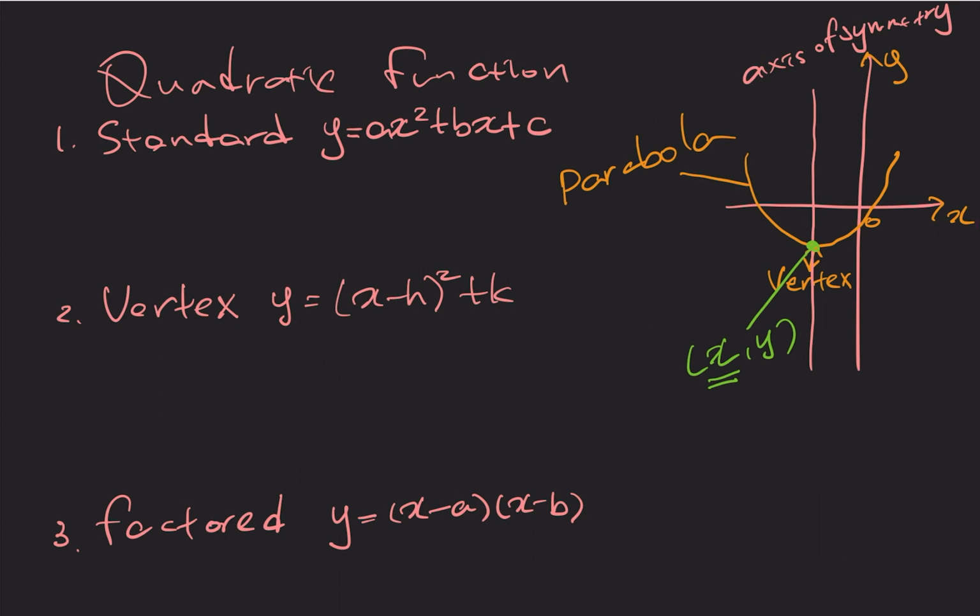So x comma y is the vertex. We can apply that to the standard form, using the axis of symmetry to get the vertex. Okay, so I'll give you an example.